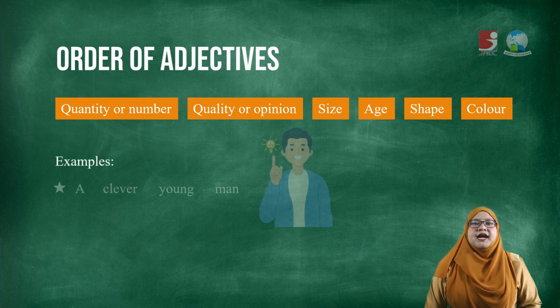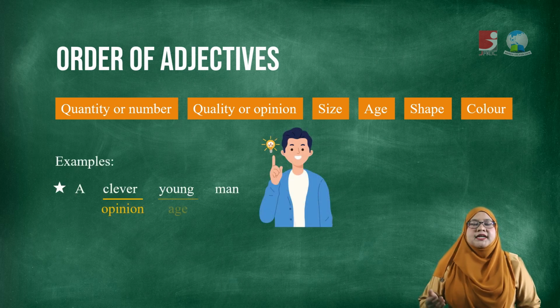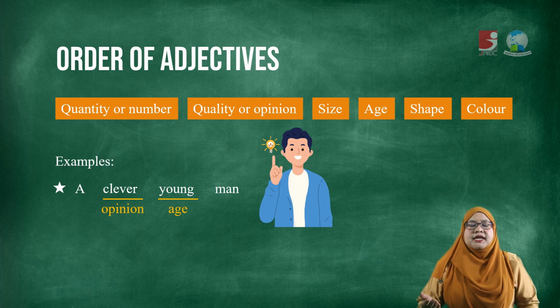A clever young man. Clever and young both are adjective. However, clever is an opinion in adjective. Young is the age in adjective. So, according to the order of adjective, we will mention clever, then followed by young.